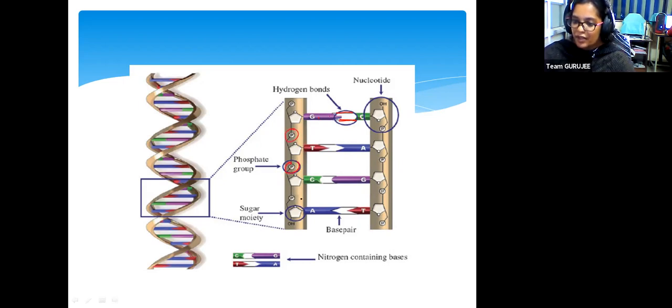Then sugar. What sugar do we have in DNA? Deoxyribose sugar. So these are called nucleotides. As we already saw, nucleotides have three components, that is sugar, phosphate group, and base pairs.